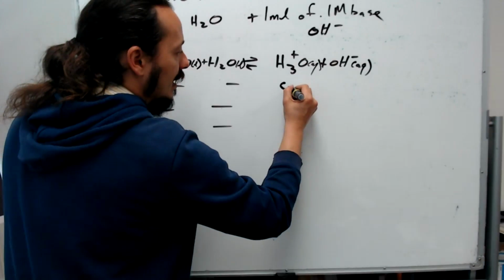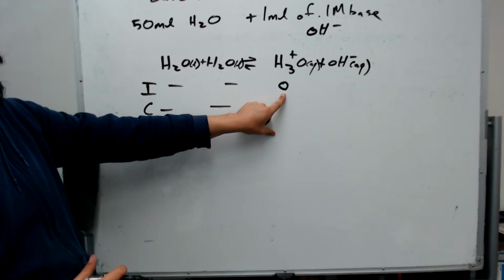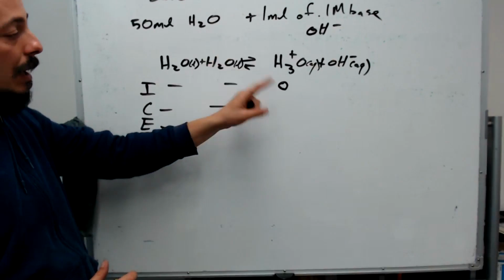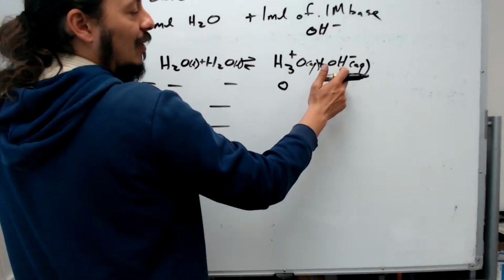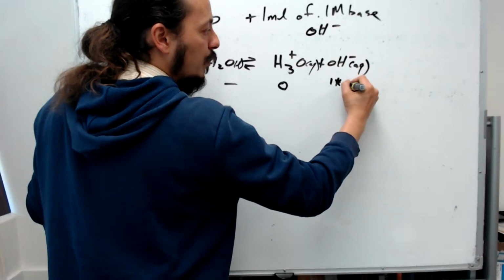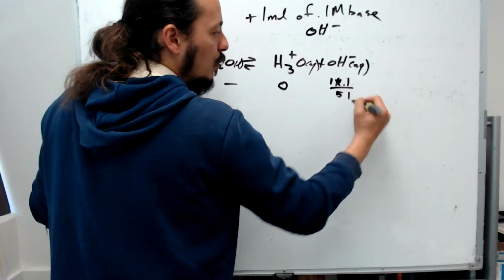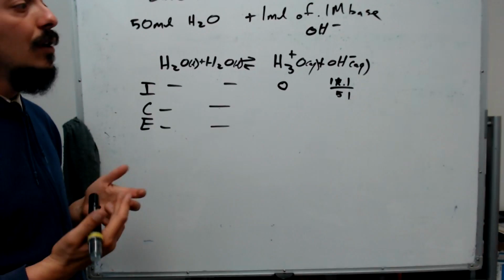This is going to be a 0. Again, as soon as I write that 0, I'm assuming water is not contributing. Well, I'm figuring out how much water is going to contribute. The OH minus actually has some concentration. I'm going to have 1 times 0.1 divided by 51. Why did I do that? Total volume is 51.